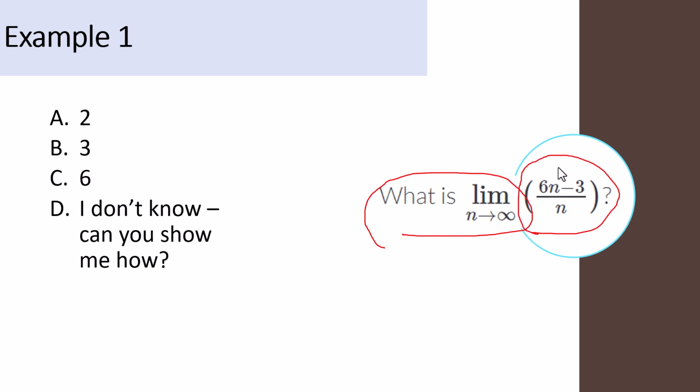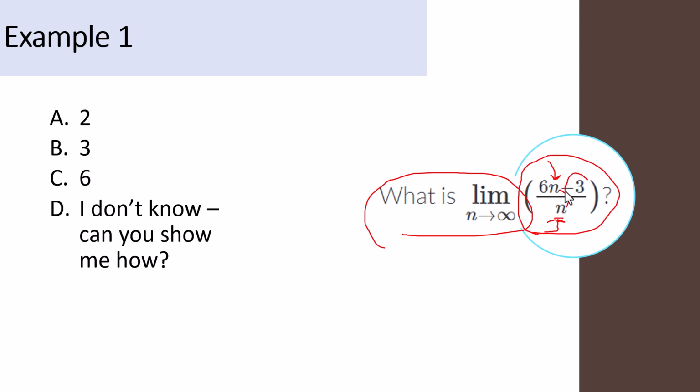Just take a minute to look at that. As this number gets bigger and bigger in the numerator, our value gets larger. But we also have an n in the denominator. As the denominator gets bigger and bigger, it makes this number get smaller. But we have one in the numerator and denominator.